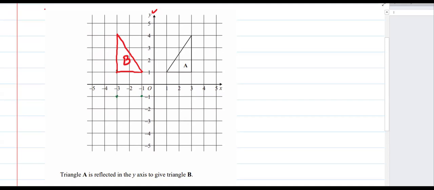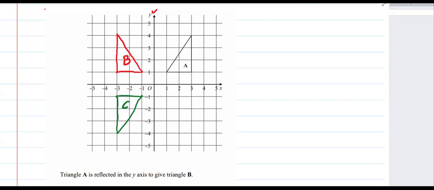This is one, two, three, four steps, so one, two, three, four steps. And now label it as C. Okay. So pretty simple. This is how we do the reflection in any horizontal or vertical line.